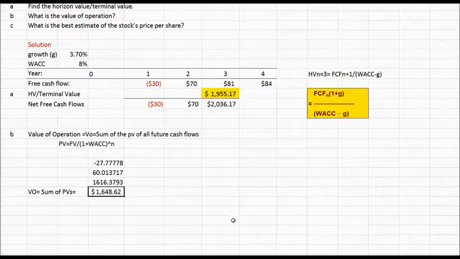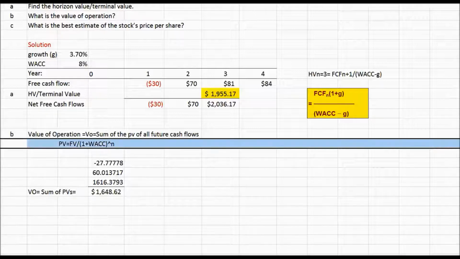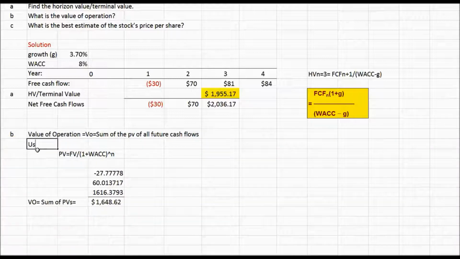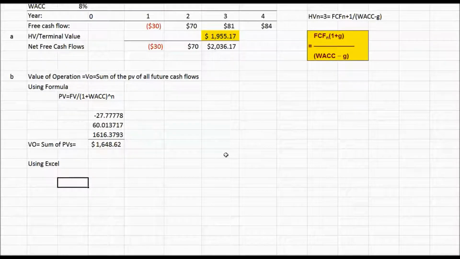You can solve this problem using a financial calculator, or you can use Excel. Let's use Excel. Basically, the value of operation here is the sum of the present value of all future cash flows.